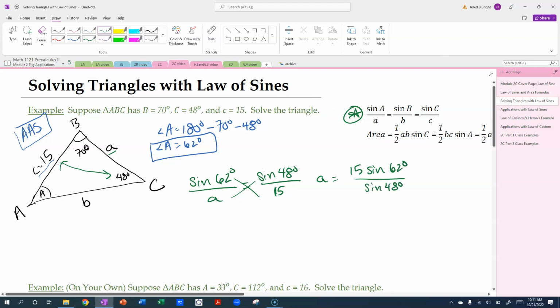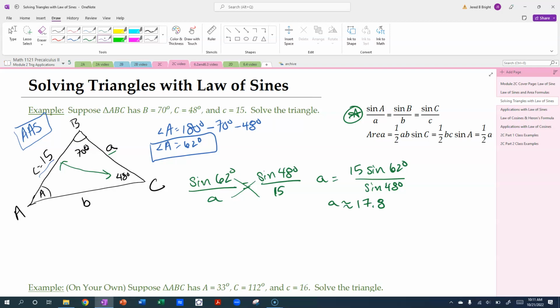Okay, and if you do that, you get that A is approximately 17.8 if you round to one decimal place. Technically, if you're doing sig figs, apparently there's just one sig fig, so you have to call it 20, which to me doesn't seem quite right. Alas, here we are. Leave it at one decimal place for now.